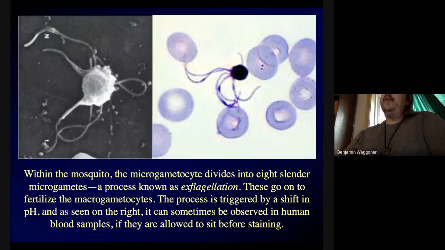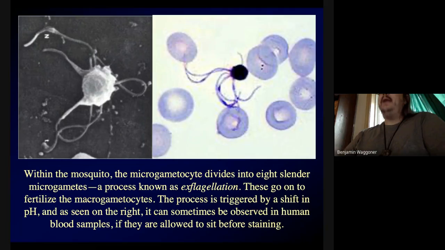No sooner has the mosquito slurped up the blood, within about an hour, the gametocytes come in 2 types, micro and macro. These are analogous to eggs and sperm. And the microgametocyte divides into 8 slender little microgametes. On the left, you can see it caught in the act through a scanning electron microscope.